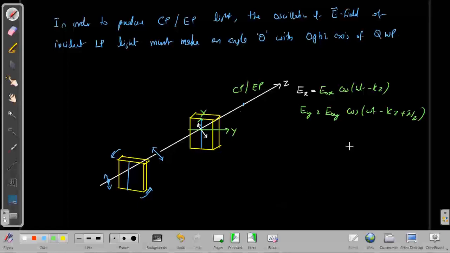Okay, now what about E0x and E0y? The magnitudes of E0x and E0y depend upon this angle. So if you look at this, there is some angle between the path axis and the oscillation of electric field. Okay, so I will draw it more clearly.